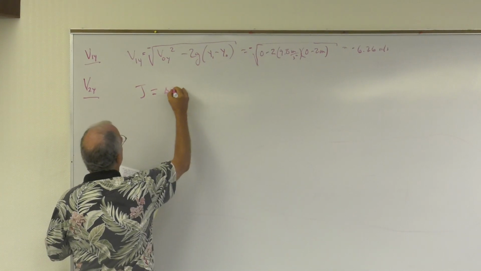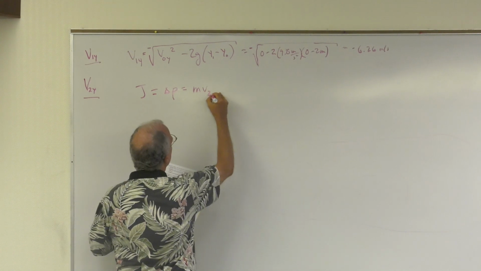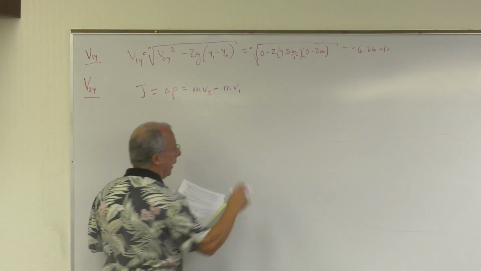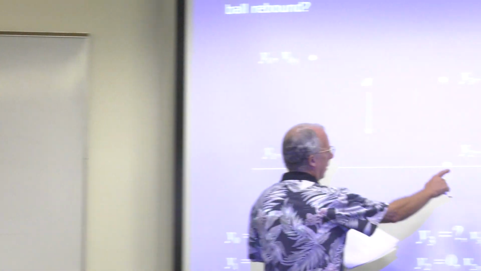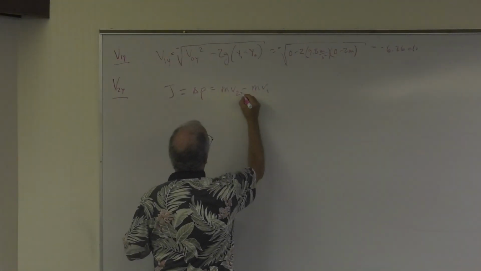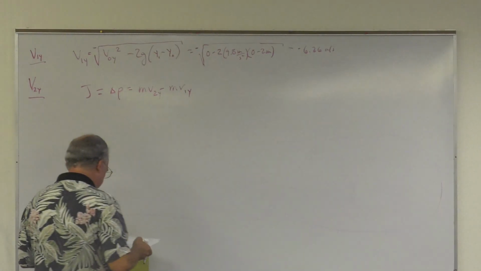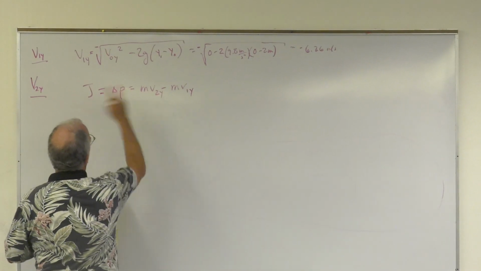That's equal to delta P, which is mv2 minus mv1. It's just during the collision. So v2y, v1y. Now, we just want v2y, so just put that on the other side.